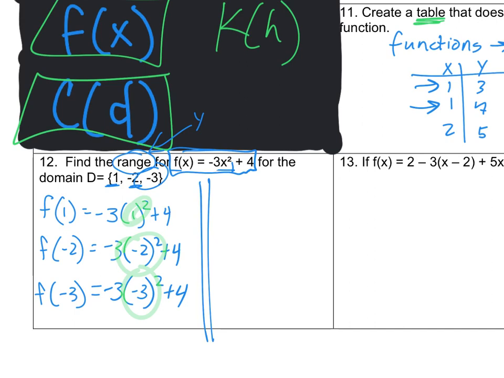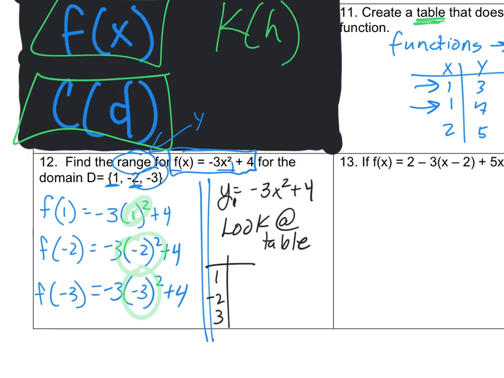So what I recommend is that you use your calculator, and in your y equals, in your y1, you type in -3x squared plus 4, and then you go look at your table, and you arrow up and down, and you'll find that 1 has 1, and -2 is -8, and -3 is -23. So when you look at your table, that's the way it would look.